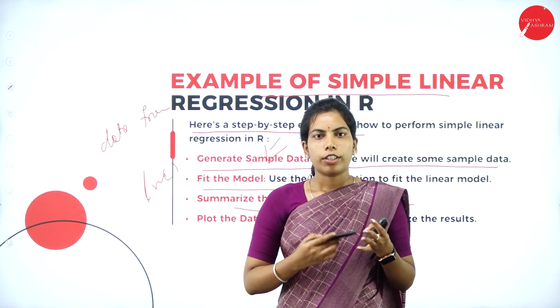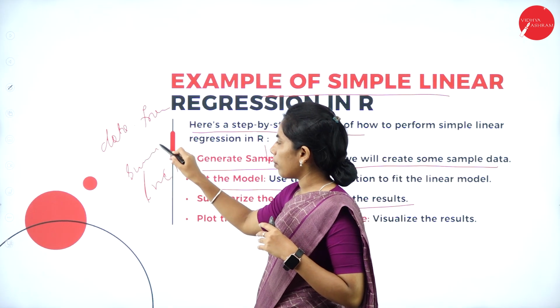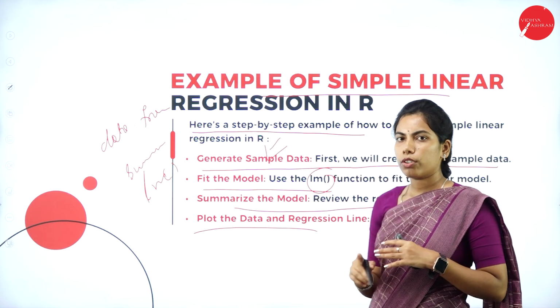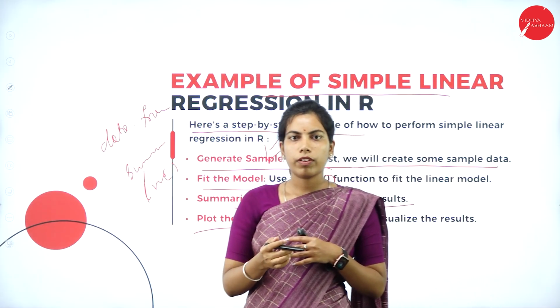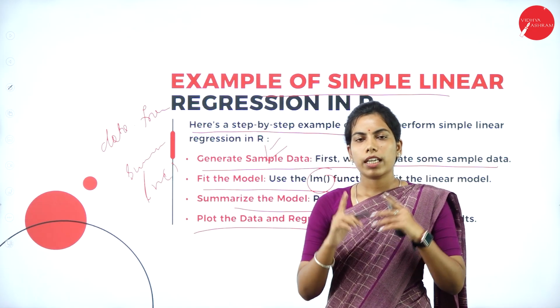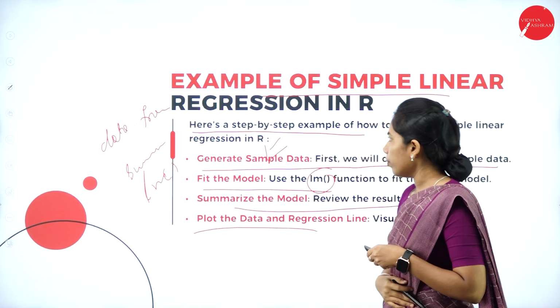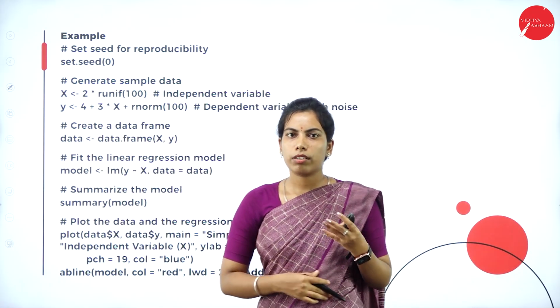Summary is also a function which summarizes the model after predicting. And also plot. When I call the plot function, after summarizing we can visualize the linear regression model pictorially. So here you can see one example of how simple linear regression works.